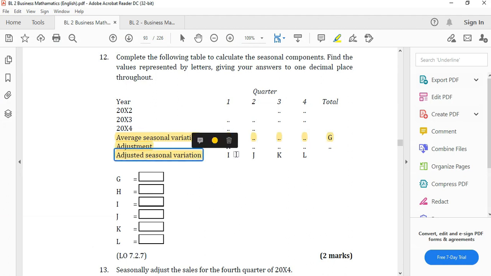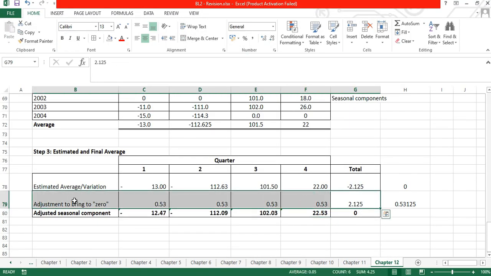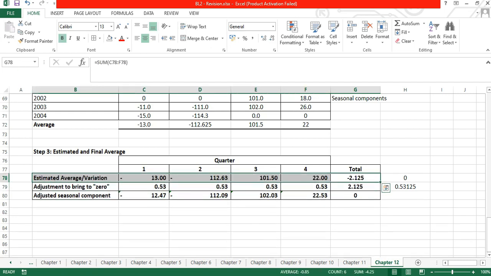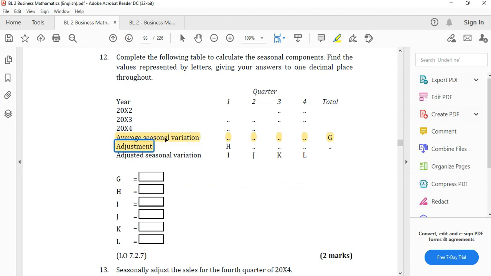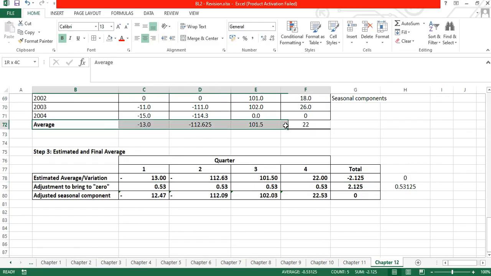Alright, so that is the adjusted seasonal variation, and the adjustment is only this section. And this is the average, the non-adjusted component, the average seasonal variation. The same thing that we got here.